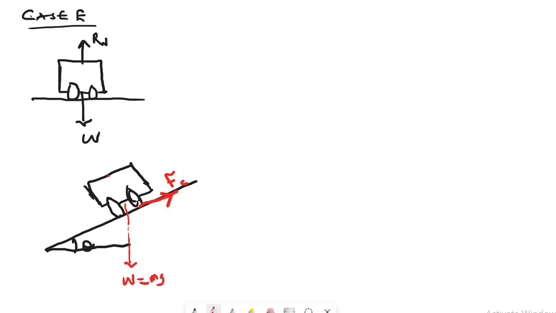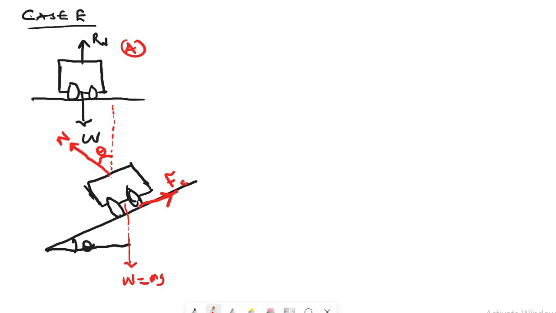You see that the normal reaction has shifted position. Look at A, the normal reaction was straight. Now, look at the normal reaction now. It has shifted by a particular angle, theta.